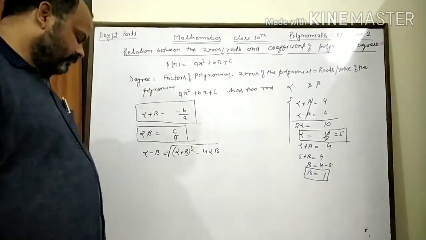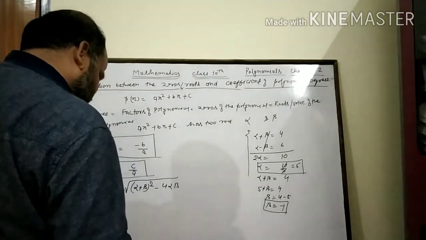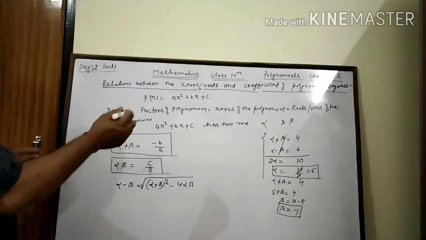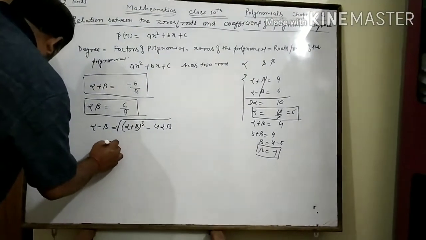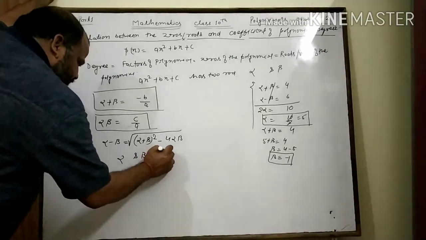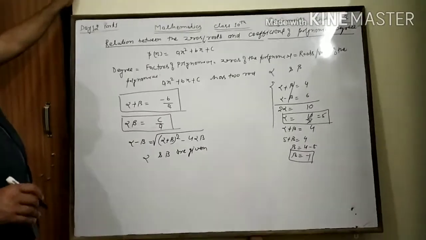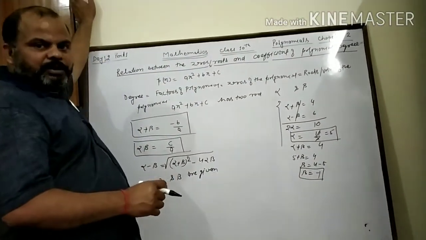Clear? Suppose you have the roots of a polynomial, alpha and beta are given, and you want to make the polynomial.